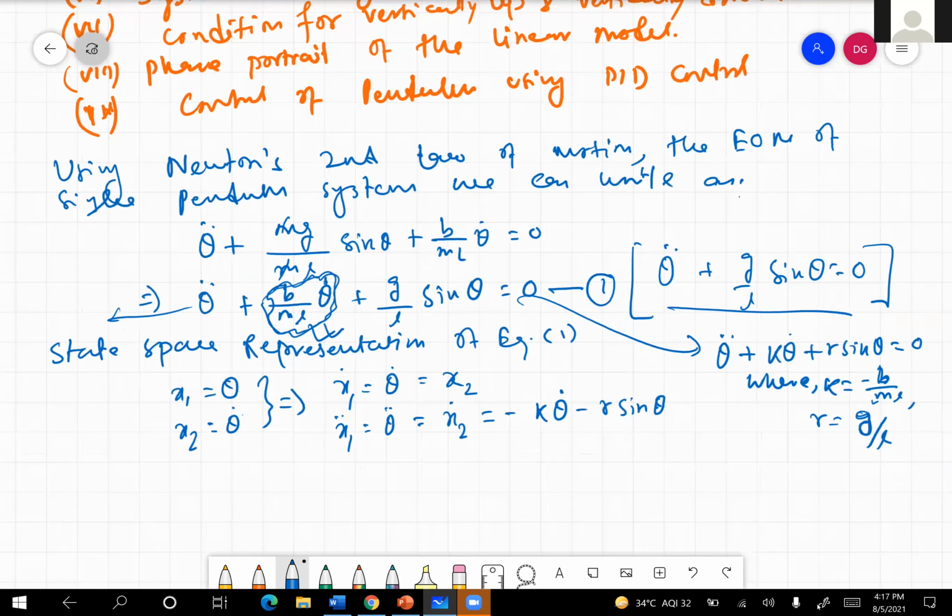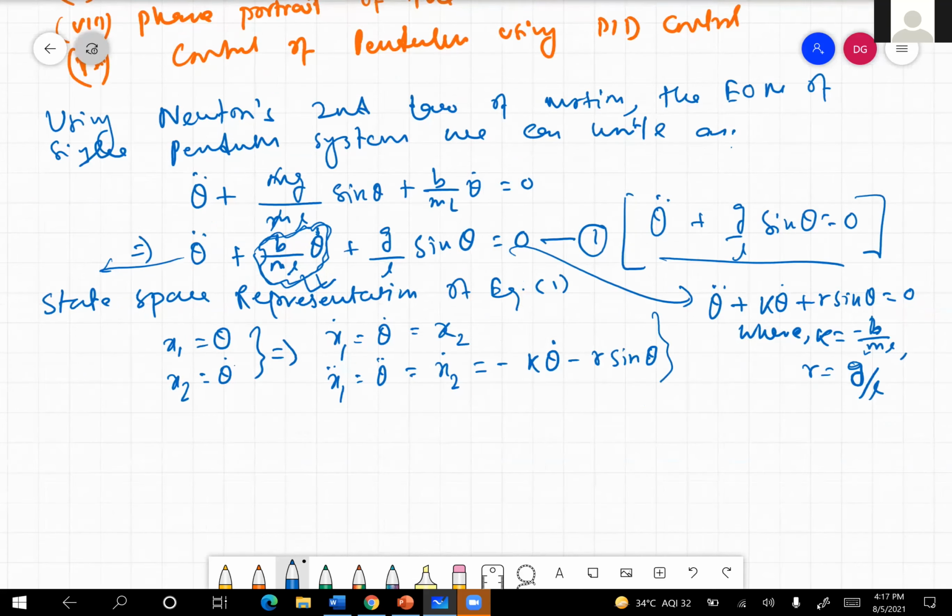Now we have this form. This is basically the state space form, and let's denote this as equation number 2.